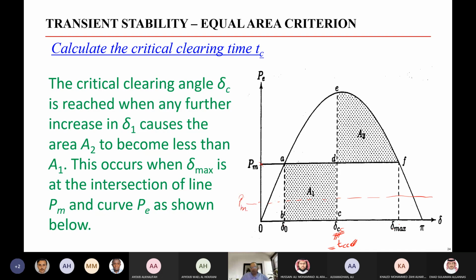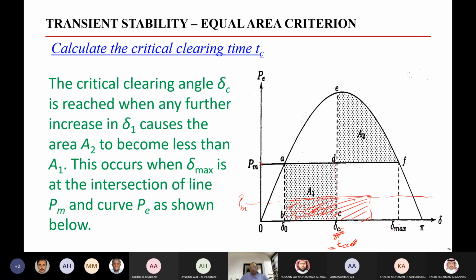Okay, but this is the deceleration area, and you have very huge deceleration. This is the acceleration area now, right? Yes. So you can, of course, continue up to this.